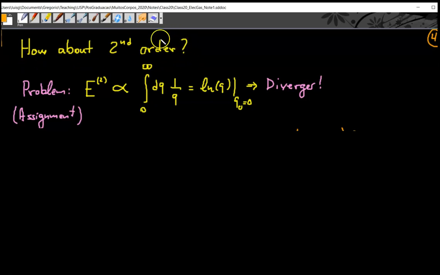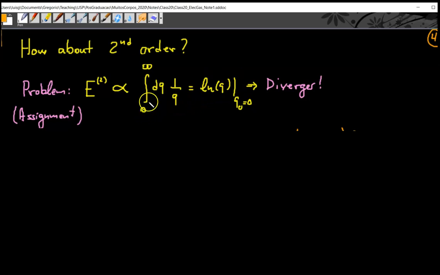Let's try and calculate the contribution to the ground state energy from second order interaction. We can sum up the diagrams and calculate this number, right? And I'll also put in the assignment that you should be able to see that this contribution actually diverges, and it diverges logarithmically.